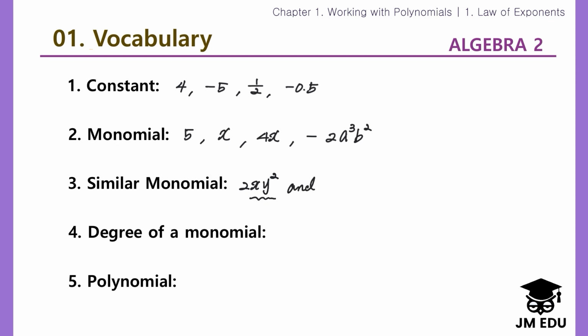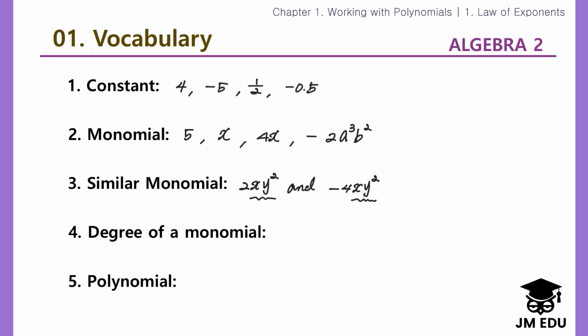And let's say we have negative 4xy squared. Here also we have xy squared, right? So we have the same exact variables in these two monomials. Then we say that these two monomials are similar. Often, we call these two monomials like terms.